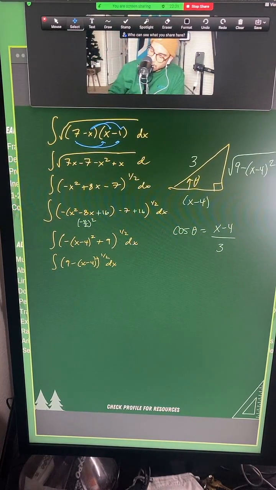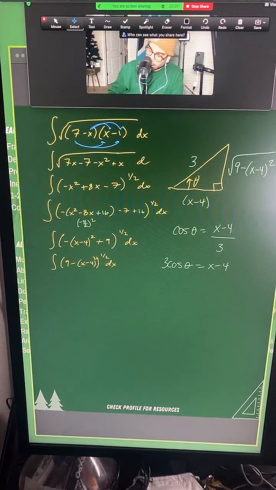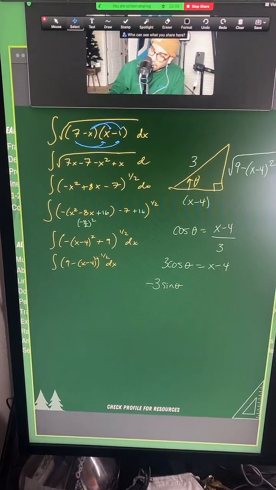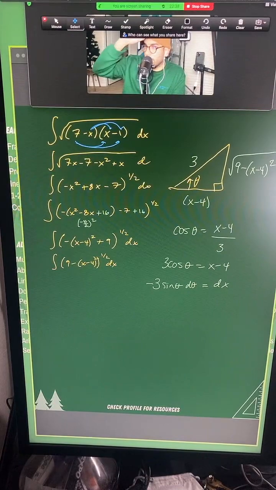Okay, I'm going to go ahead and multiply the 3 to the other side to get 3 cosine theta is equal to x minus 4. And then I'm going to go ahead and differentiate this. So this is going to be negative 3 sine theta d theta is equal to dx. That's going to prove helpful.